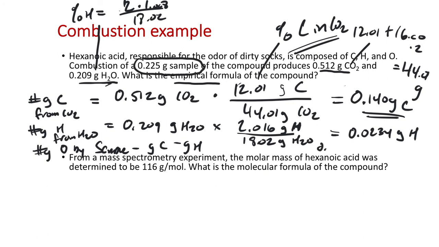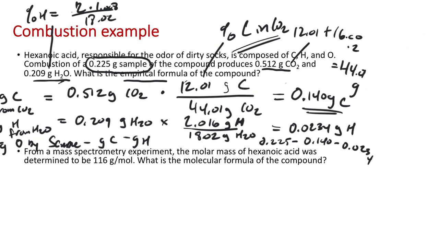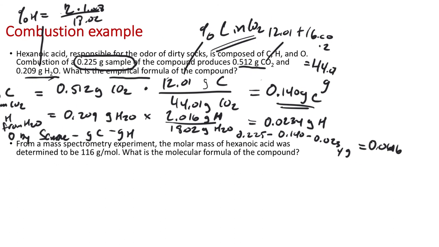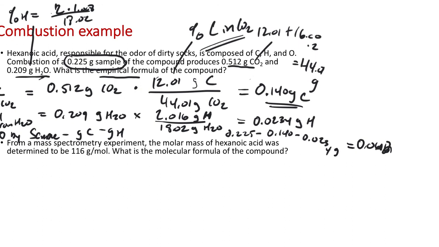So if I take 0.225 minus 0.140 minus 0.0234, I get 0.0616. So 0.0616 grams of oxygen.